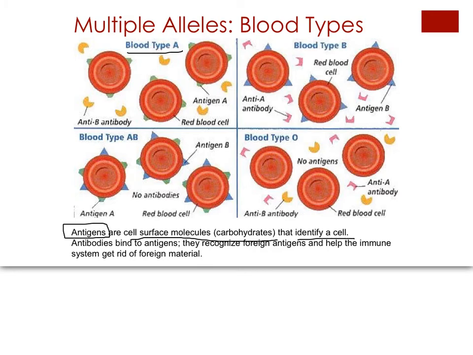The antibodies bind to antigens in the body, and they recognize foreign antigens and help the immune system get rid of foreign material. So if you have type A blood, your body produces type B antibodies. So if you have type A blood, type B blood is foreign to you, and your body will reject it.